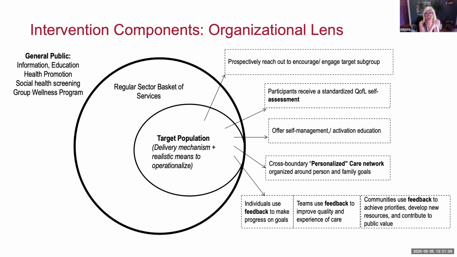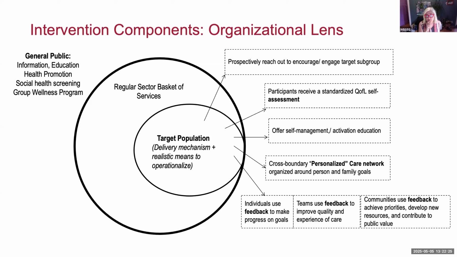But when we also partner with organizations, we look at different demographics that are served through different policy sectors, and that gives us the opportunity to look at the basket of services that's available to people through multiple different sector lenses, to look at target population.